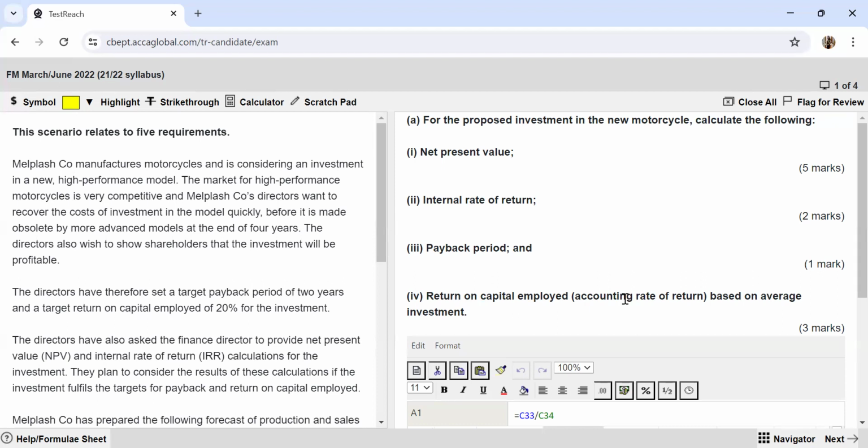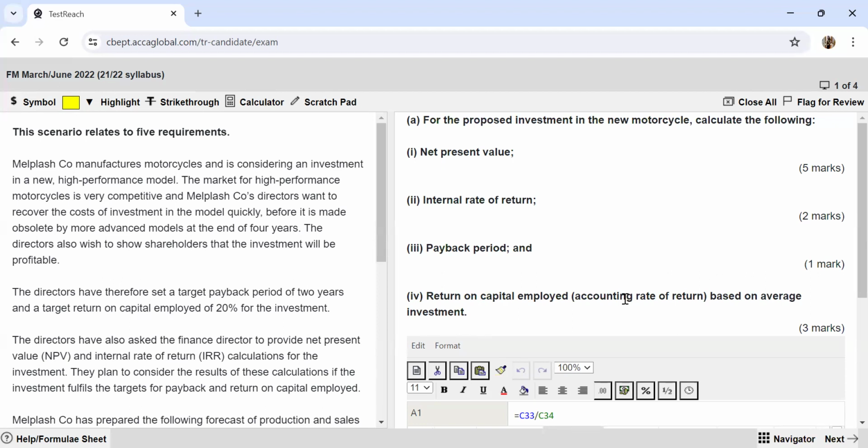Then the next thing that we worked out was the internal rate of return. You will talk about what IRR does. It gives you the return that the project is generating, basically the rate at which your NPV becomes zero. Again, you'll talk about how, with non-conventional projects, IRR can give you multiple rates of return, and how difficult it can get to decide which IRR to compare with the cost of capital.